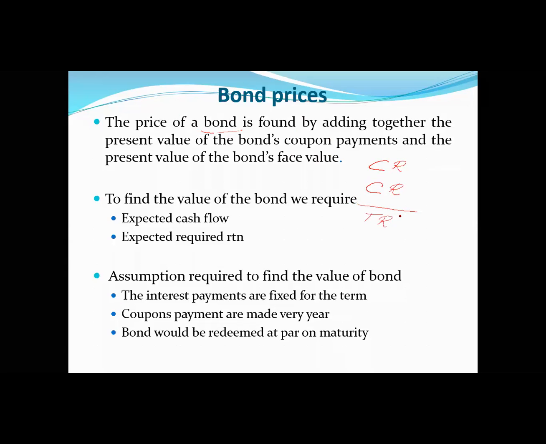This was the formula we studied in the previous module. Here you have studied a formula: ending price minus beginning price, the whole divided by beginning price. This is what you have studied as far as capital return is concerned.